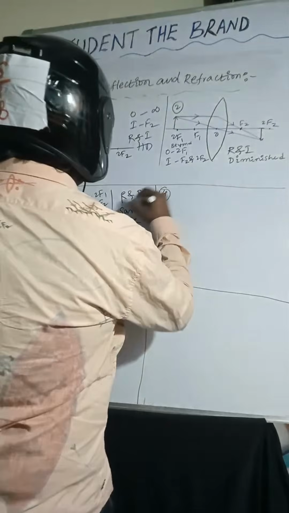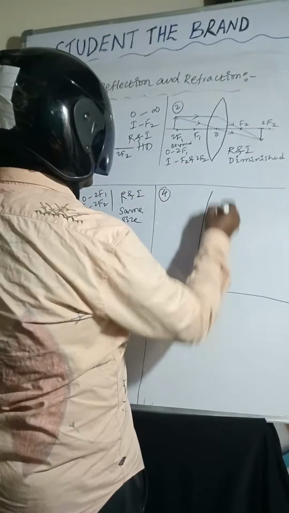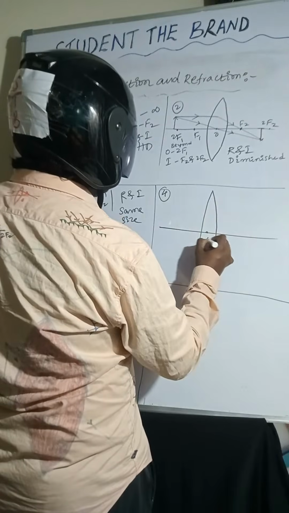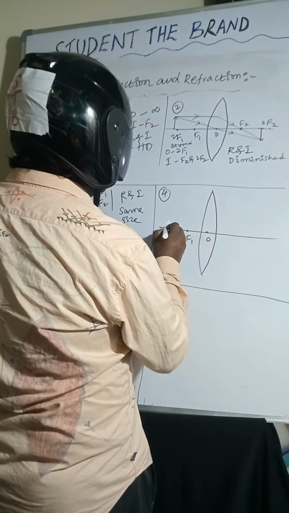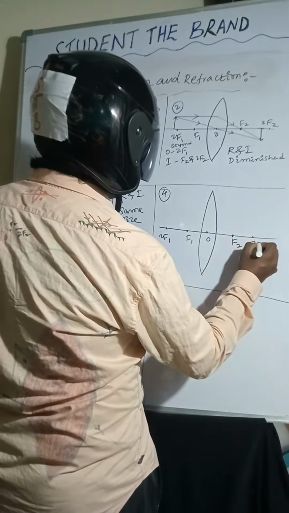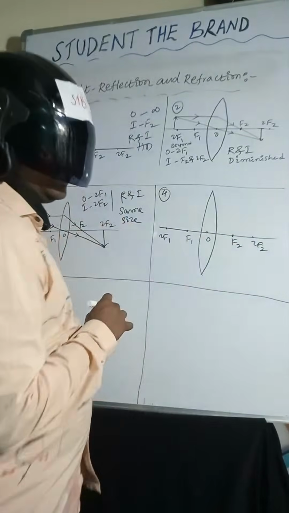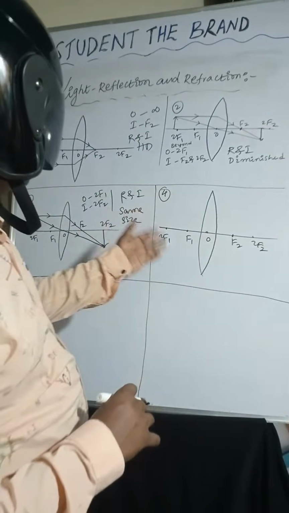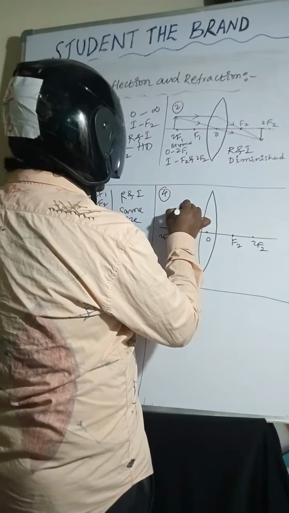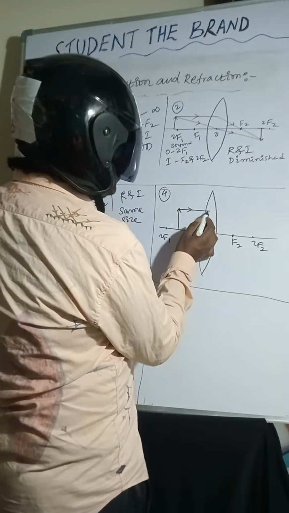Coming to the fourth one. Optic center, F1, 2F1, F2, 2F2. Object is placed between 2F1 and F1. How many light rays are required to form the image of the object? Minimum two light rays.